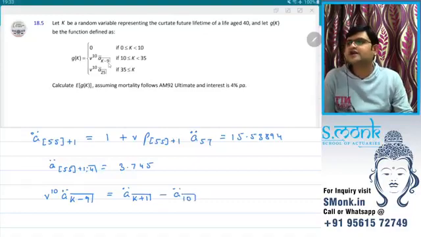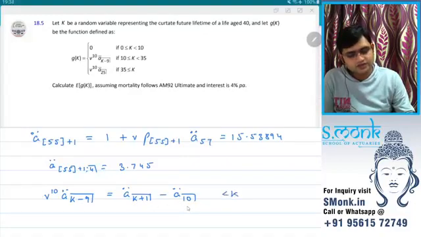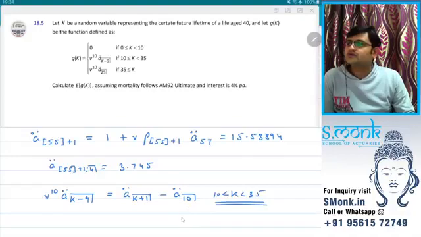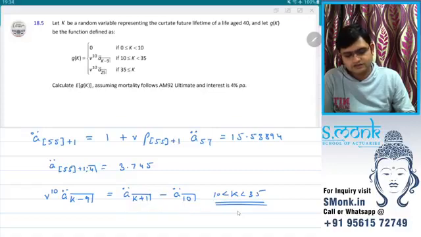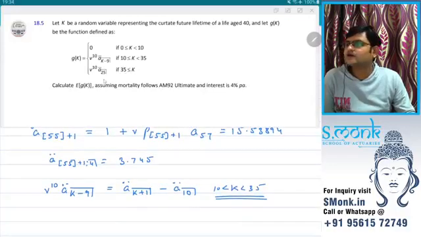I'm just subtracting the first 10 years of annuity from this. This will be when k is between 10 and 35. And later on after 35, it is just the whole value, right?